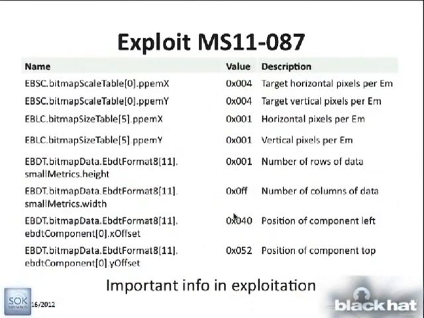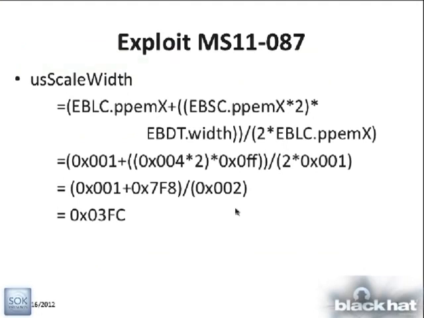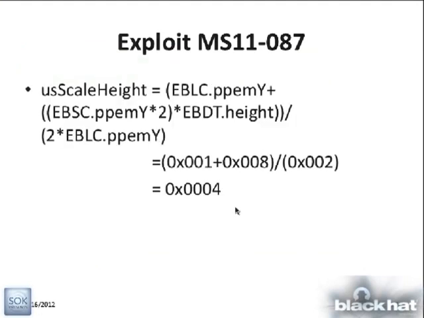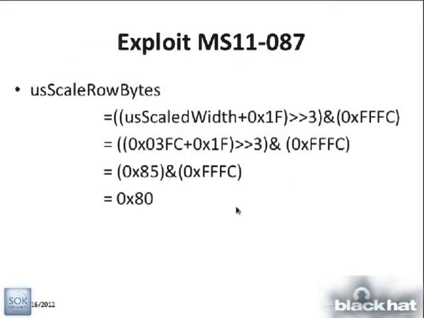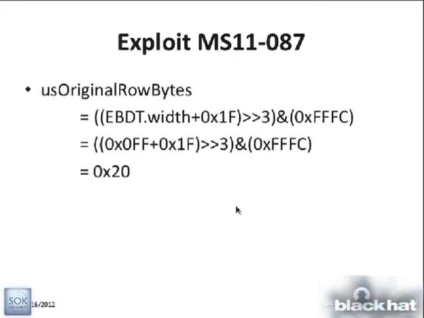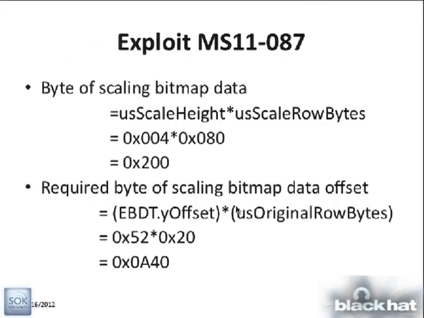So the next few slides will show you the formula to calculate the required bytes of the font after scaling, which we learned through reverse engineering. We are not going to go through all the calculations, but we will go to the last one, which is the most important. As you can see, the allocation byte of scaling bitmap data, which is original, is equal to 200 after we do the calculation.